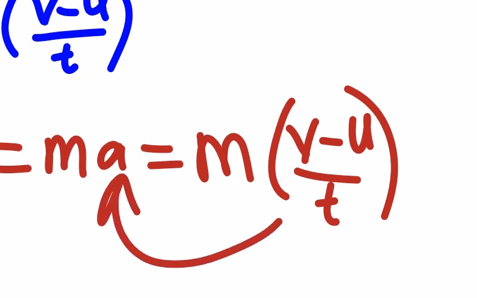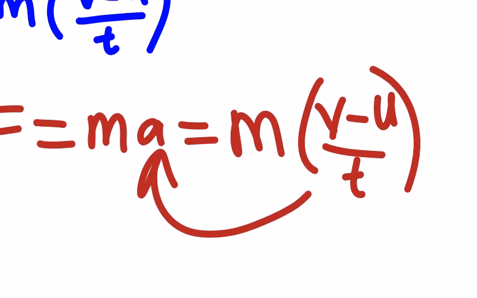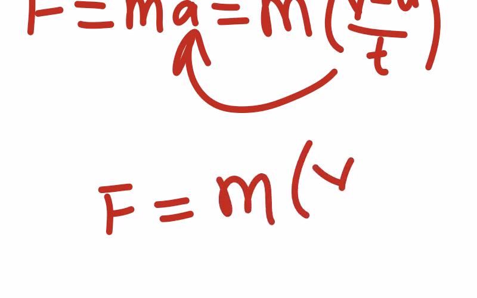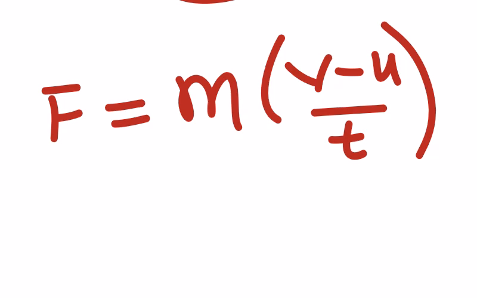So now things start to complicate. We have now our force equal to m open bracket v minus u all over t. So this is another formula for force. Now let's see if we can change something.